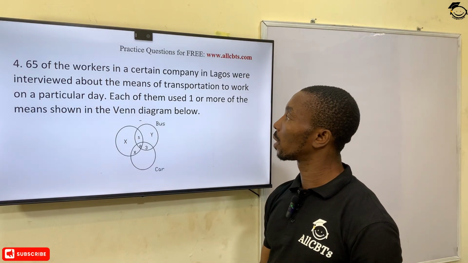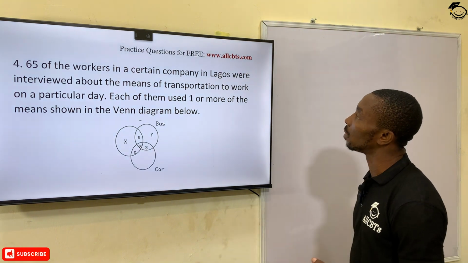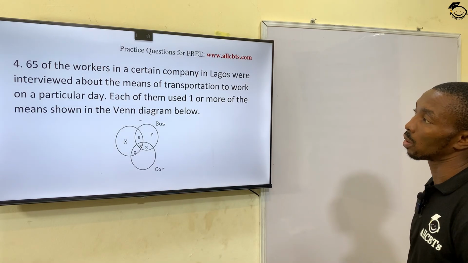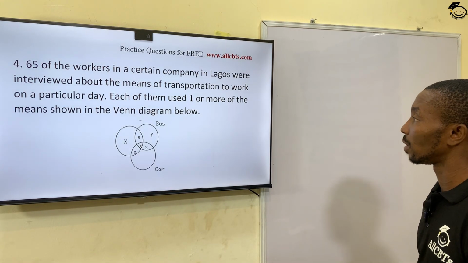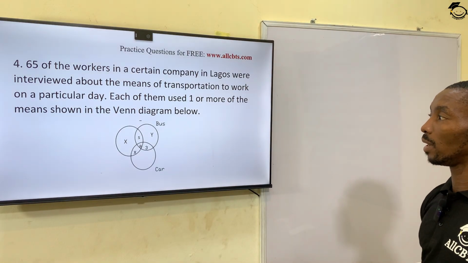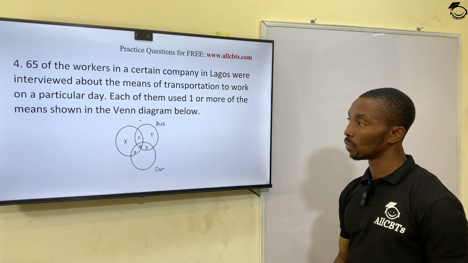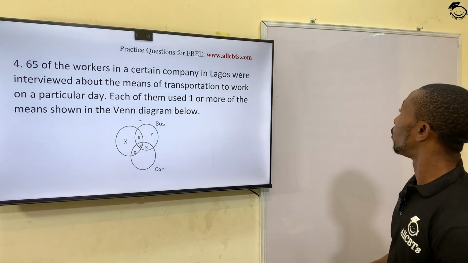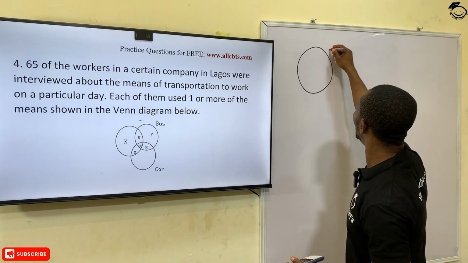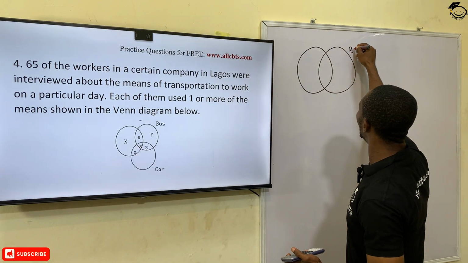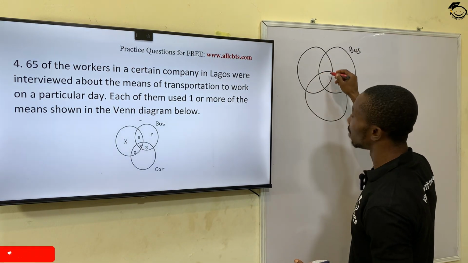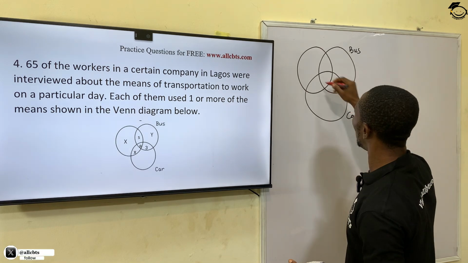65 of the workers in a certain company in Lagos were interviewed about the means of transportation to work on a particular day. Each of them used one or more of the means shown in the Venn diagram below. Now we have a Venn diagram as bus, this is car, and this is bike.